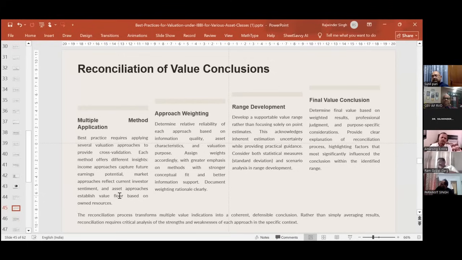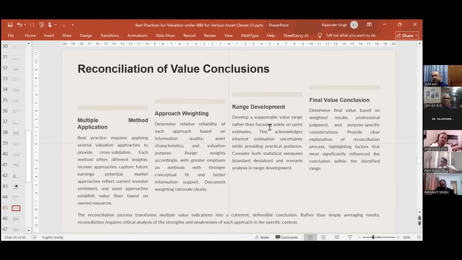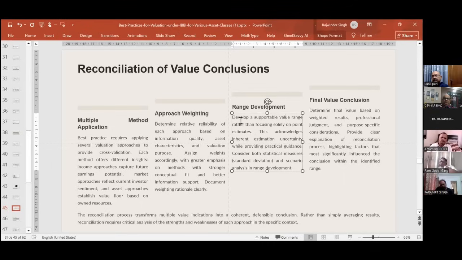Assign weights according to this, with greater emphasis on methods with stronger conceptual fit and better information support. Document the weight rationale clearly. Then the most important thing is range development. Develop a reasonable valuation range rather than focusing solely on a point estimate.